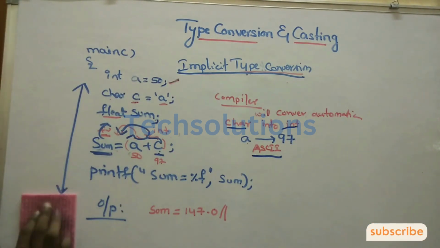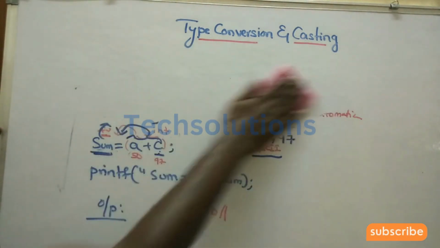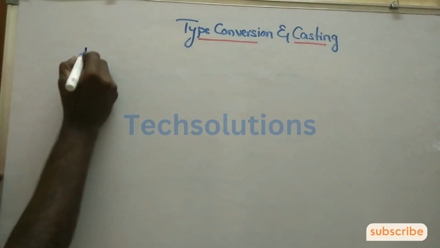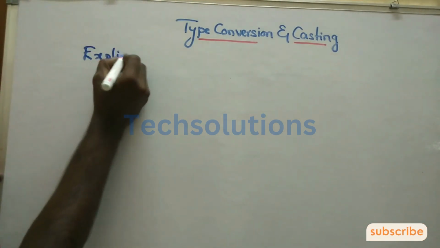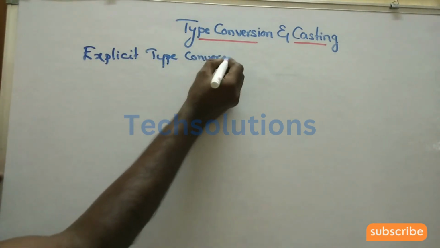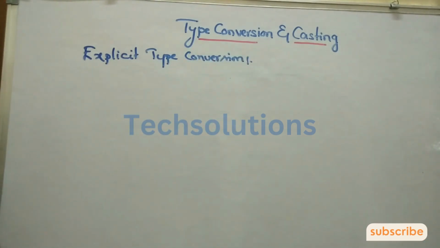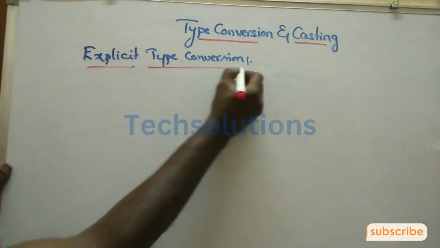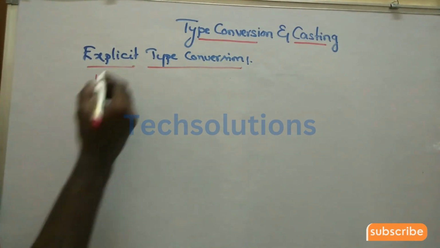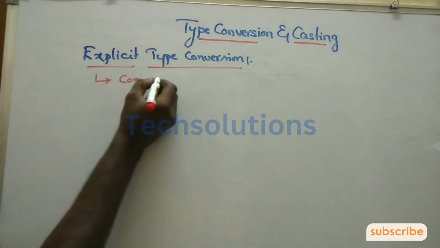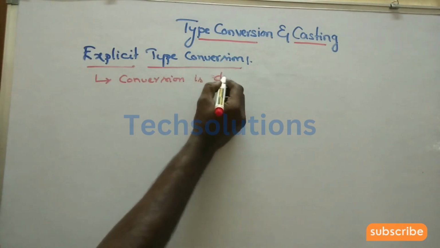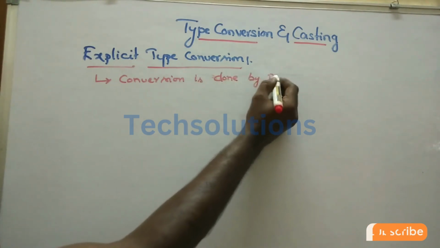Now we can see what the second type of conversion is. Explicit type conversion. The second one is explicit. What is meant by explicit type conversion? Whereas implicit type conversion is automatic type conversion, explicit type conversion is the conversion done by the programmer.